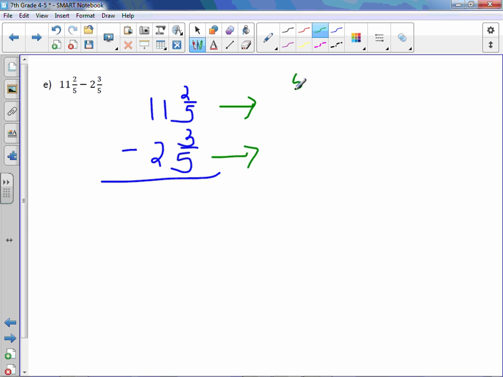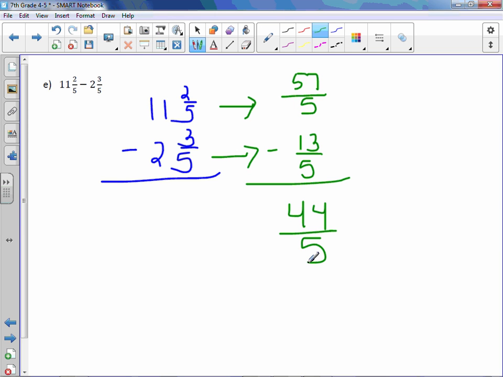So this is 57 over 5 minus 2 times 5 is 10, plus 3 is 13, so 13 over 5. Then subtract them. 57 minus 13 is 44 over 5.